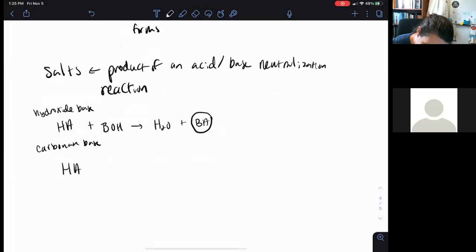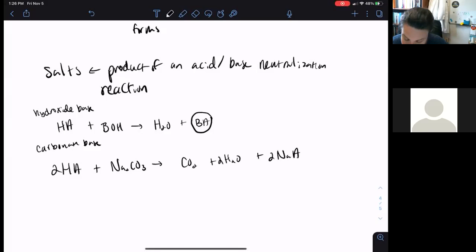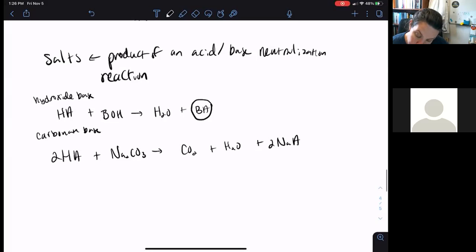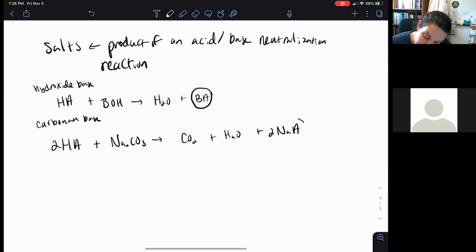So HA plus Na2CO3 would produce CO2 plus H2O plus NaA. And then this would be our salt.